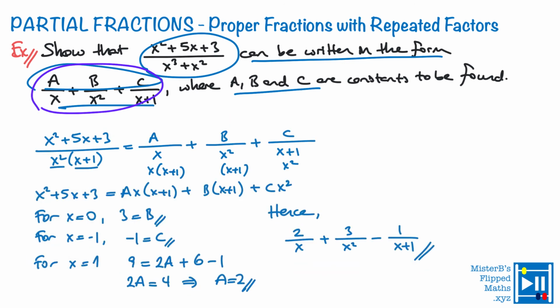Now, one last note before we finish. You can substitute any x value you'd like. In the first example, we substituted 0 for x, but as you can see, 0 was one of the roots for the factors of the denominator, so we couldn't substitute 0, and the next easier option was 1.